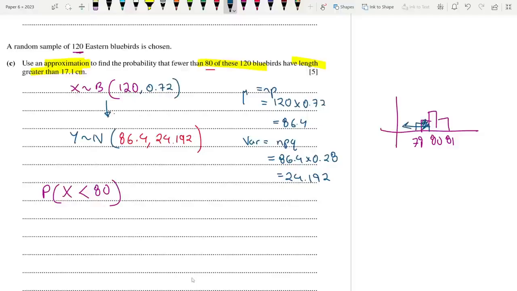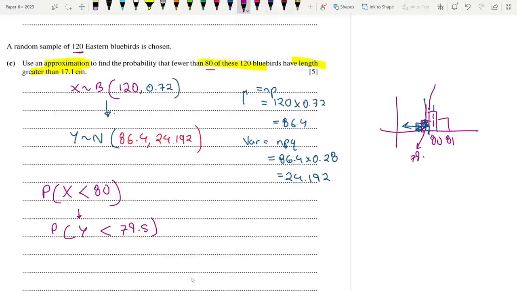It refers to these areas, in a region between 80 and 79. So what is that point exactly? 79.5, right? So you have to approximate it to P(Y < 79.5).